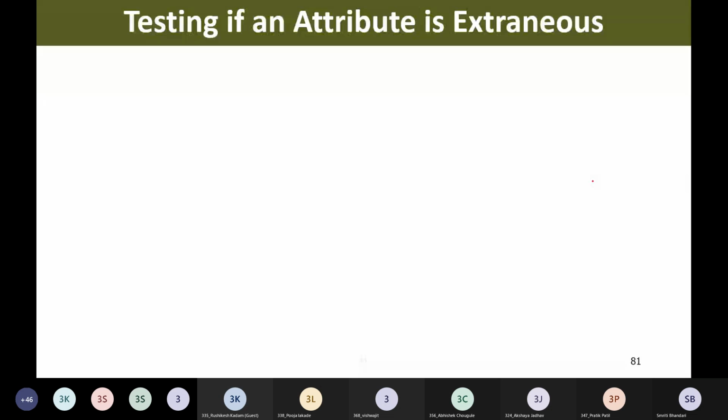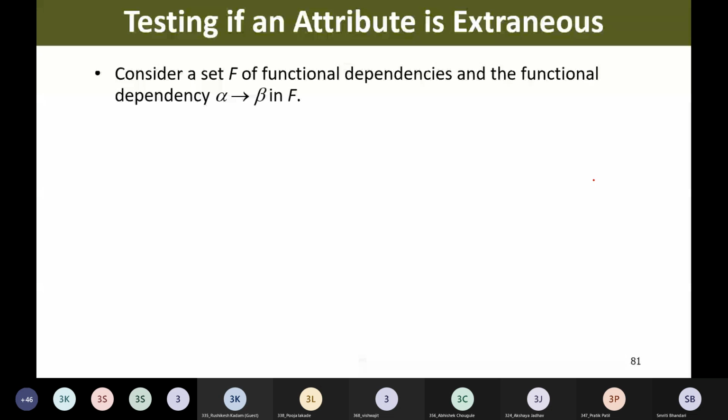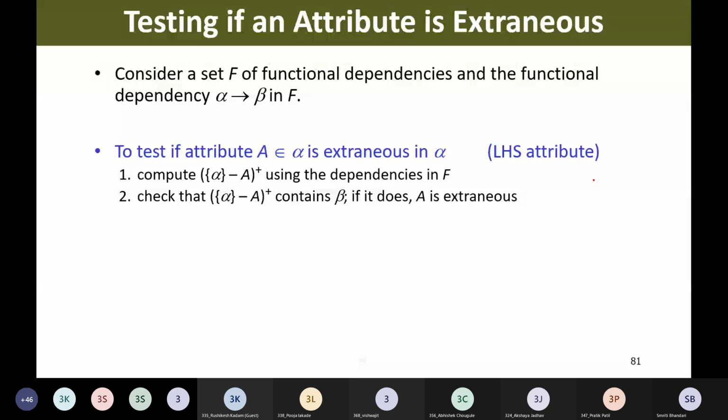So to practically test if an attribute is extra, we have simplified steps. Let us assume that we have a set of functional dependencies F, and let us consider one functional dependency in F of the form alpha to beta.